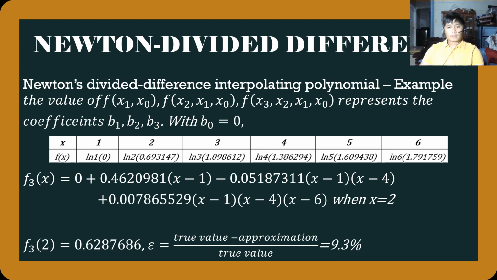Okay, letting the value of x equal to 2, still. That 3 there stands for the third interpolating. So this is the general formula of Newton divided difference.